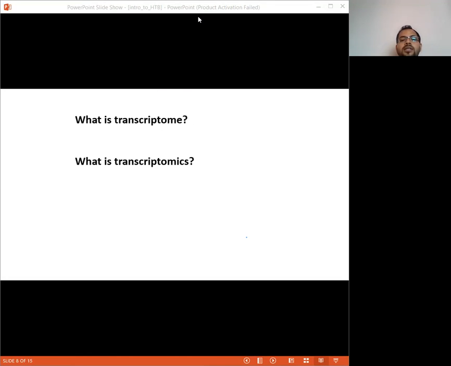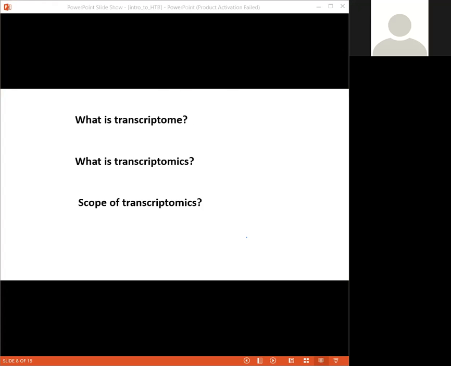Now, what is the scope of this transcriptomics analysis? So transcriptomic analysis is very essential and important to connect between different species and to dig out the missing clues of evolution.